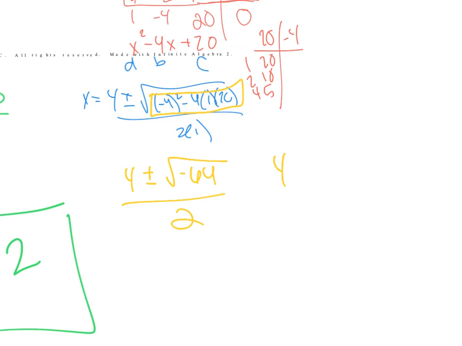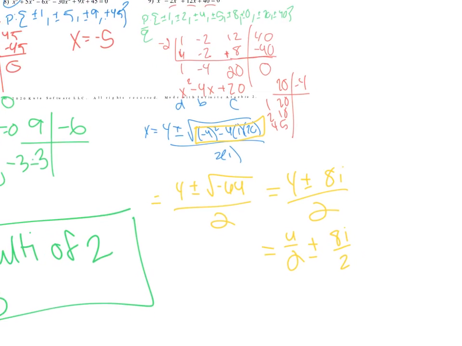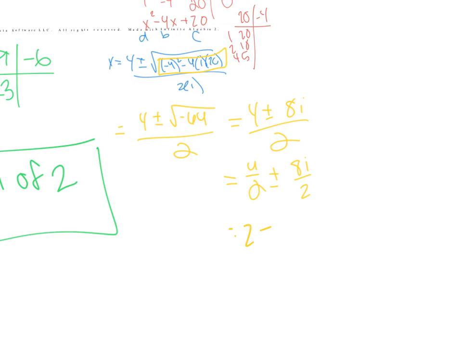And then this becomes 4 plus or minus 8i over 2. And then you got a splitsville, so 4 over 2 plus or minus 8i over 2. Sorry, I should put equal signs so you know where I'm going. And then this equals 2 plus or minus 4i. Okay, so x equals 2 plus or minus 4i. x equals negative 2. Those are your answers.